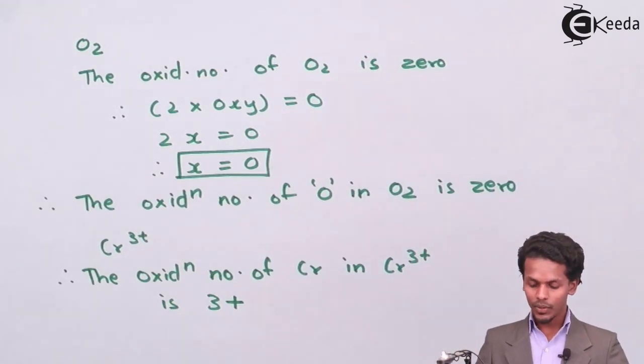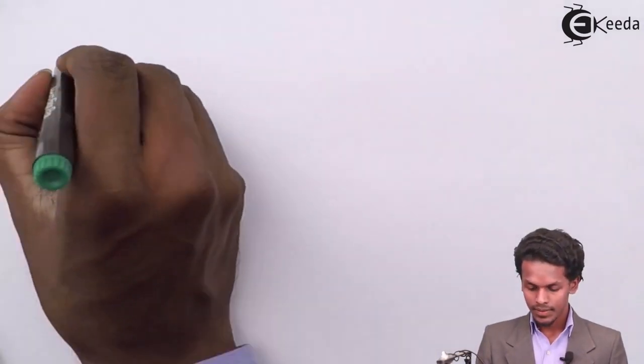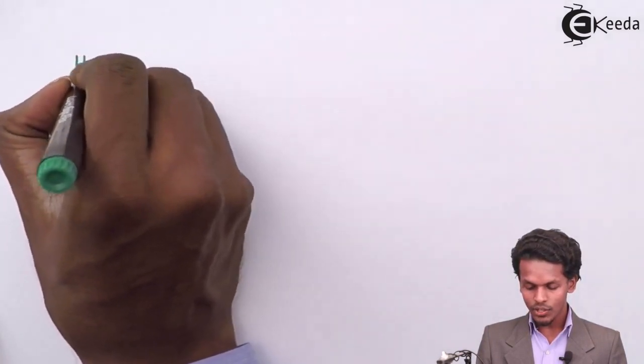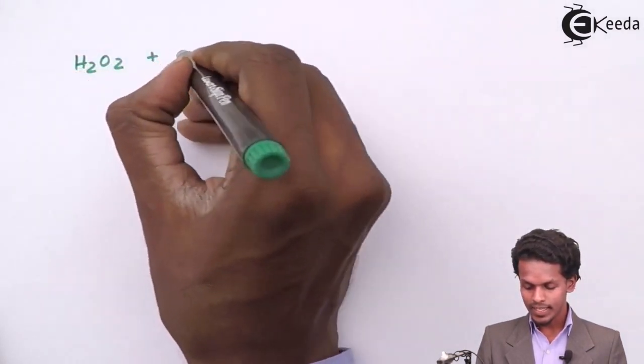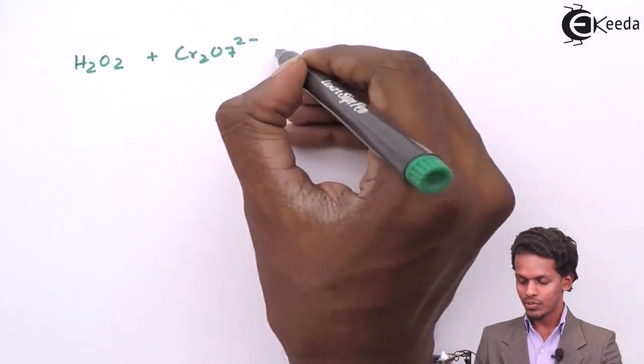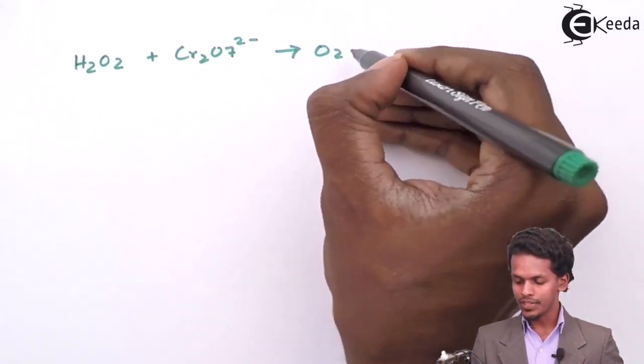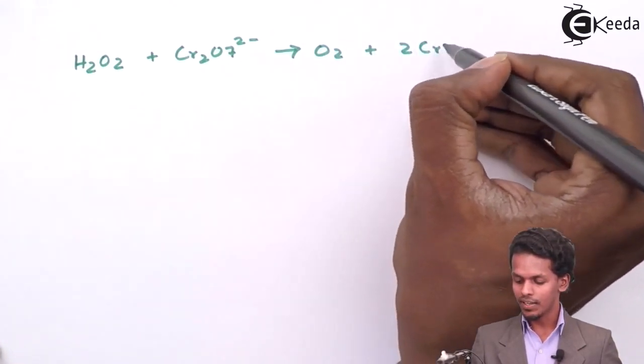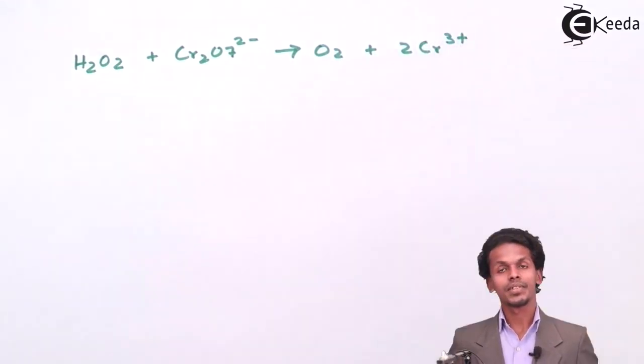How can we do it? We can write the overall reaction this way: H2O2 plus Cr2O7 2 minus gives O2 plus 2 times Cr3 plus.